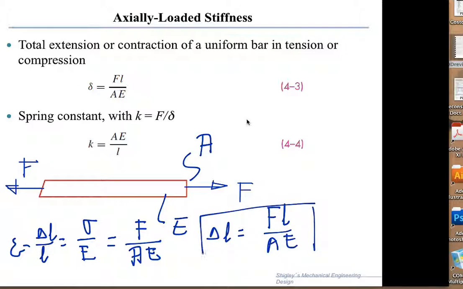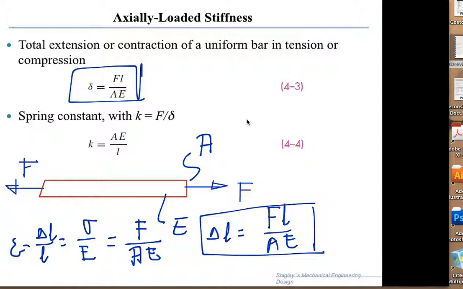This is the relationship given here in equation 4.3, where delta is the delta L, and it is linearly proportional to the force and the length of the axial member, and inversely proportional to the area and the elastic constant.